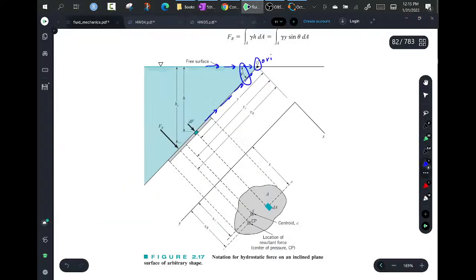Let's compare back. He's drawn a line 90 degrees to here. 90 degrees from here. And then he starts measuring from that towards points down onto the object, like the center of pressure or something like that.